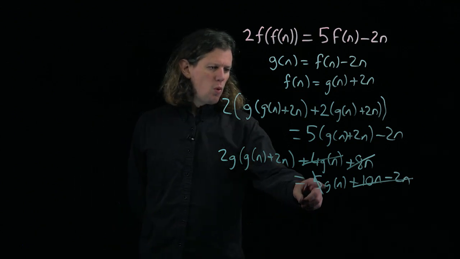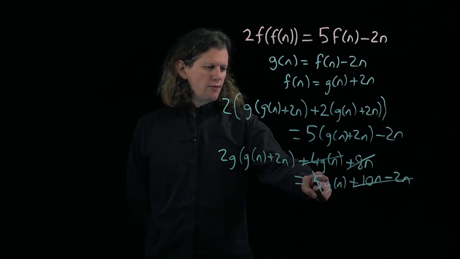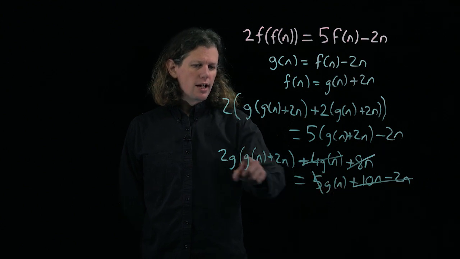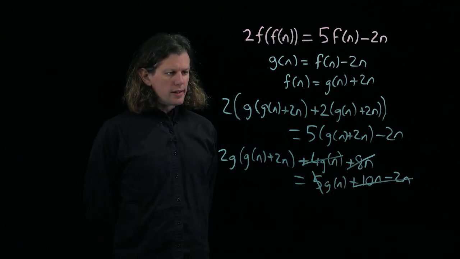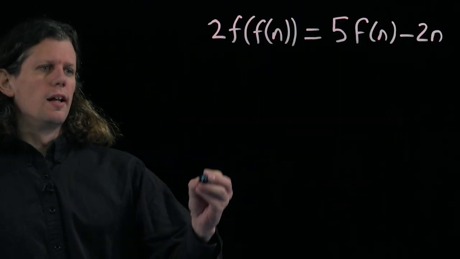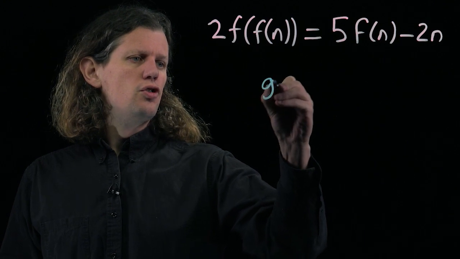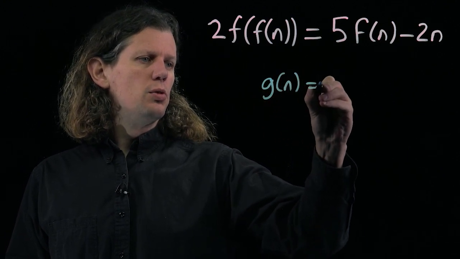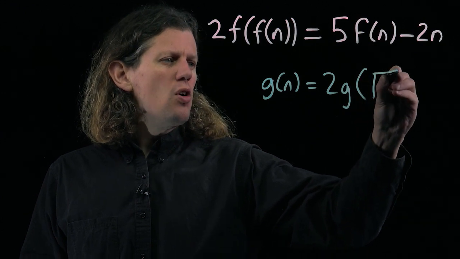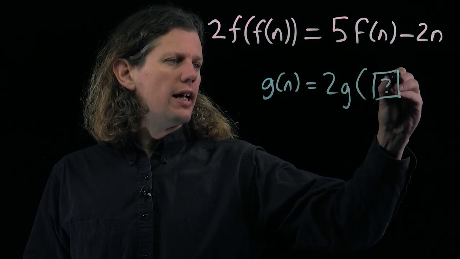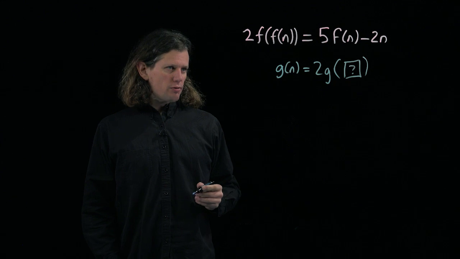Well, what this says is that we have a formula for g of n as twice g of something else. What can we do with that? So we've got ourselves a formula that says that g of n is equal to 2 times g of something else. And I'm not actually going to care very much what the something else is, so I'll try not to write it.